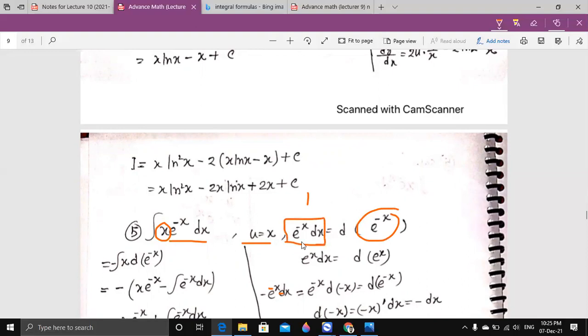So we have to find the integration value of this function. It will also be e to the power minus x. So guys, do you understand up to this line? Yes. Okay, so you can understand up to this line, right?